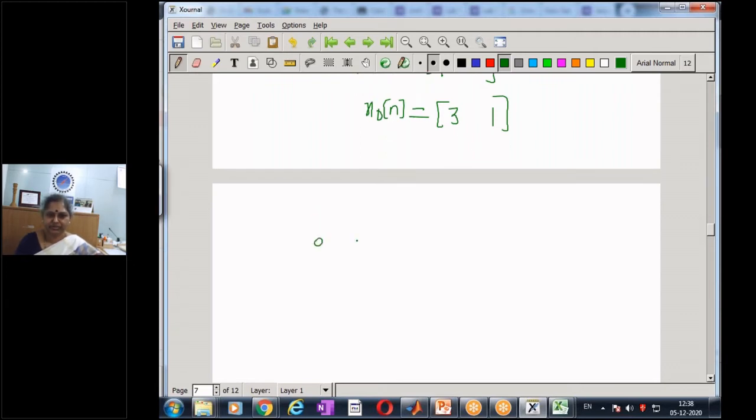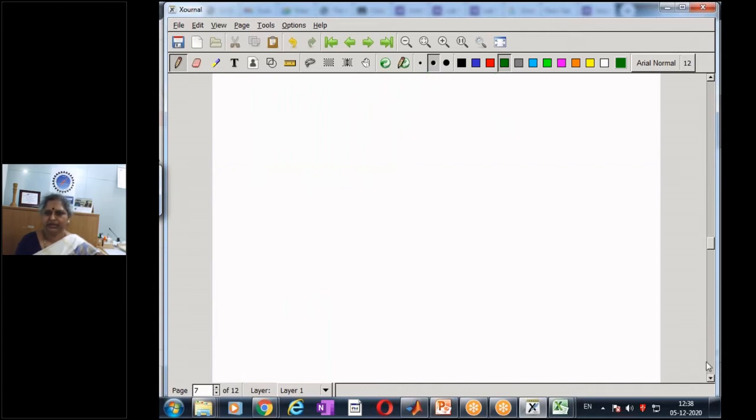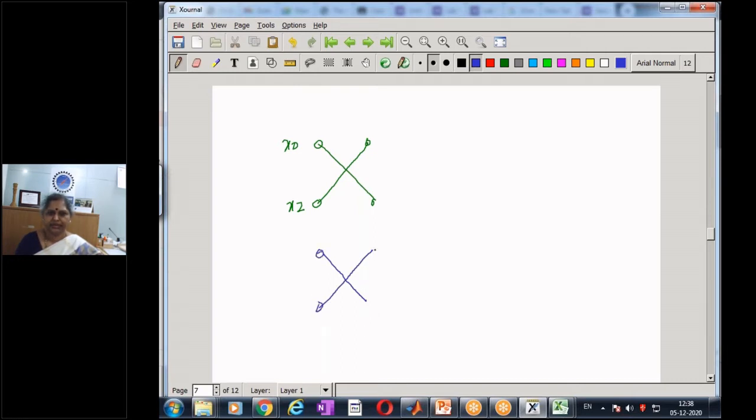My first stage is going to involve computation of a 2-point DFT of x0 and x2, and similarly computing a 2-point DFT of the odd terms, x1 and x3.